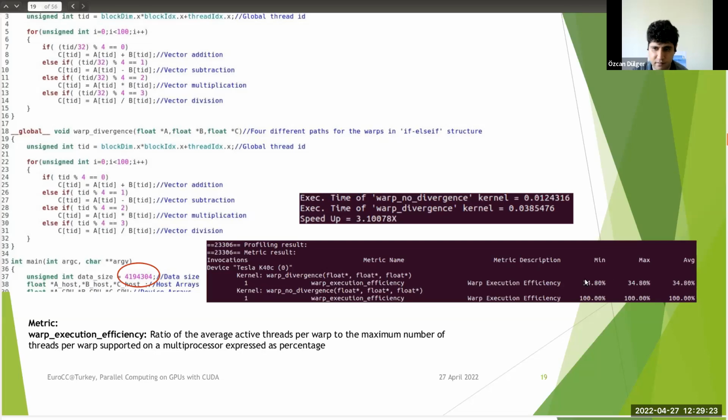Because of that, this result is very low. 34% is a very low output. So we investigated the effects of divergence here.